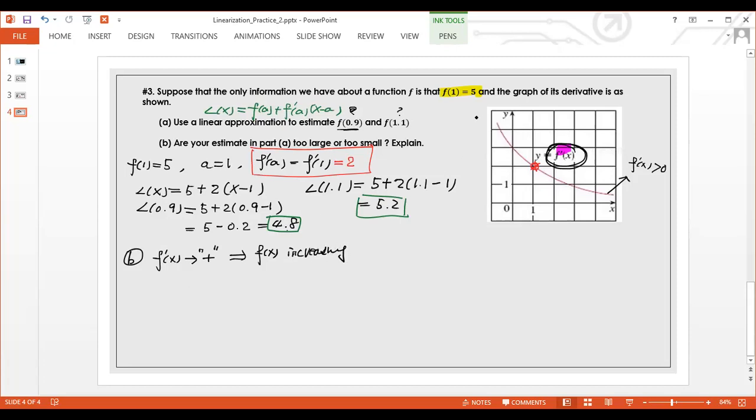But it is positive, and also f prime of x is decreasing. So f of x is increasing, and f prime of x, be careful, represents the slope of the tangent lines.